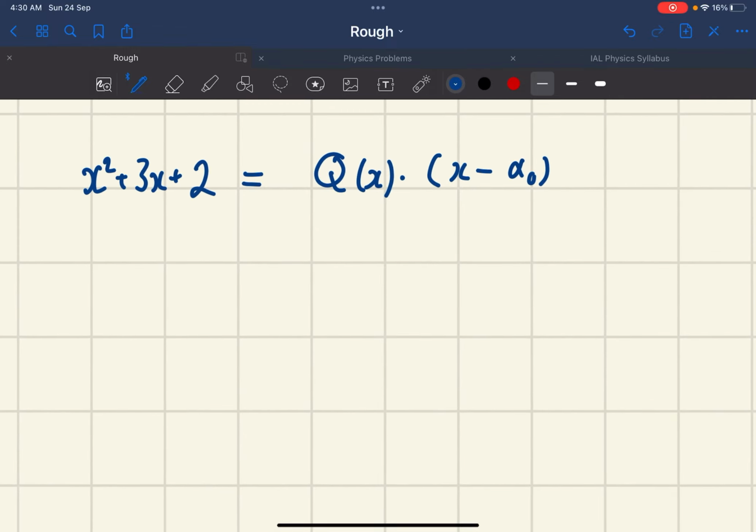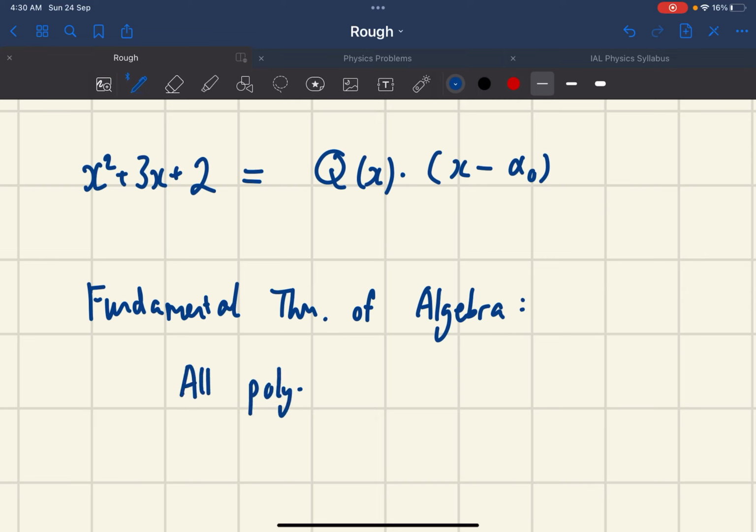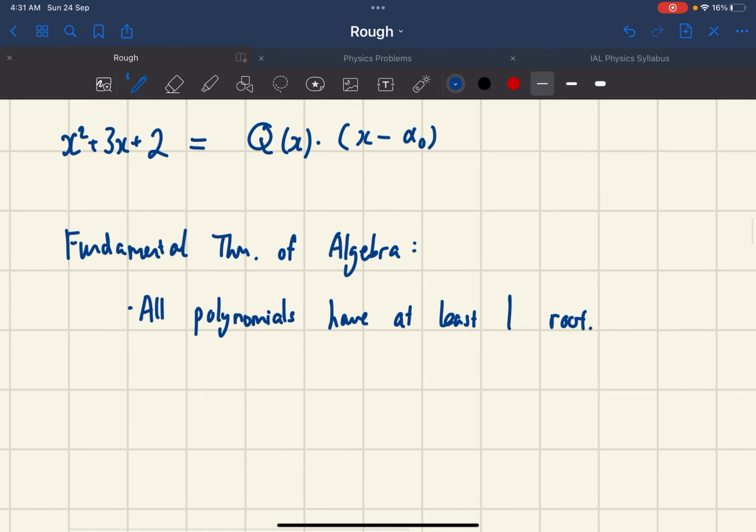The theorem says that all polynomials have at least one root. All polynomials with a degree of 1 or higher, so like an x or an x squared.